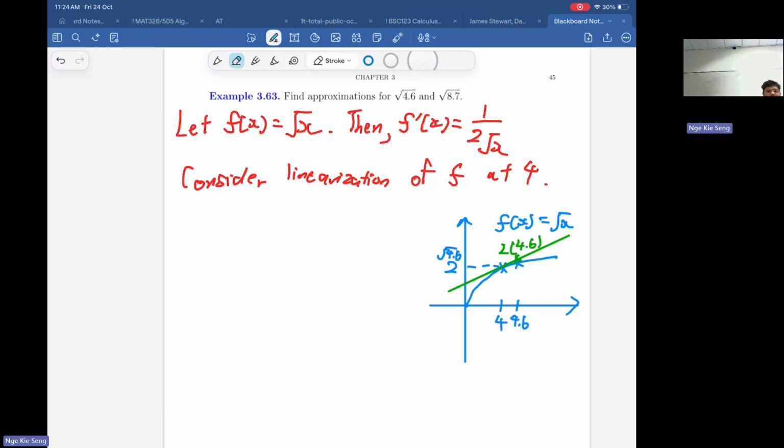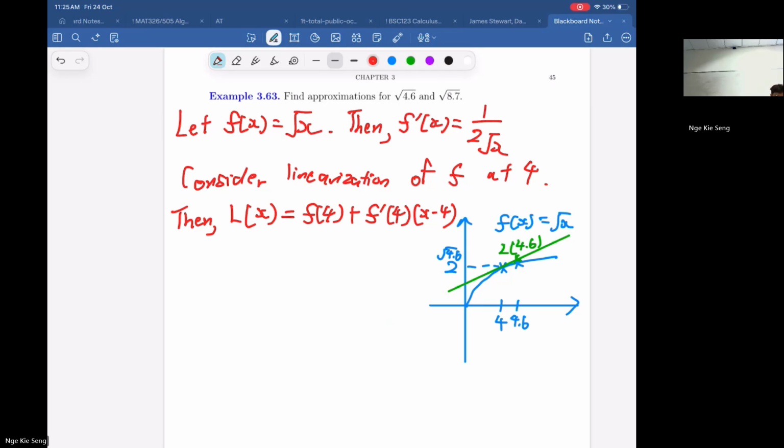So we want to find L(4.6). L(x) equals f(4) plus the derivative of f at 4 times (x minus 4), because this is the point we take the tangent line at. This is relatively easier to compute because we know what f(4) is, plus a little bit coming from your derivative.